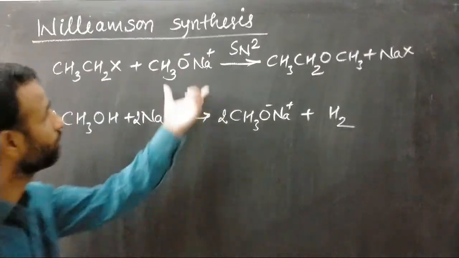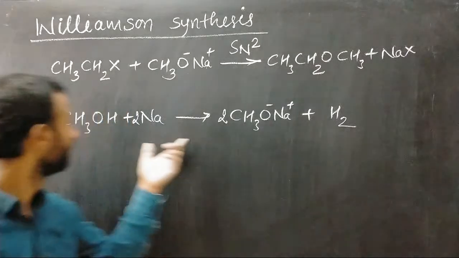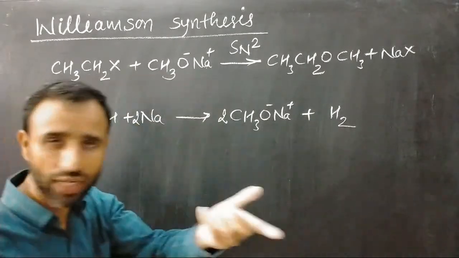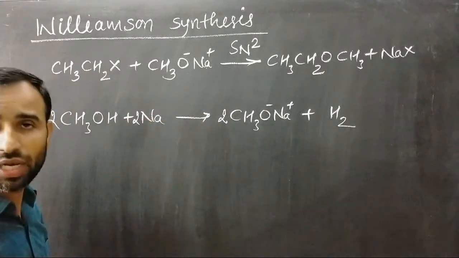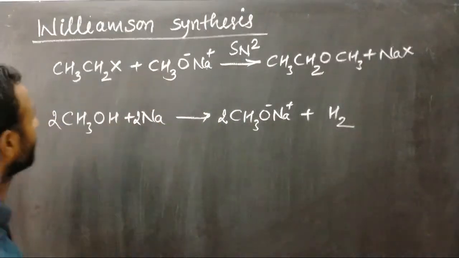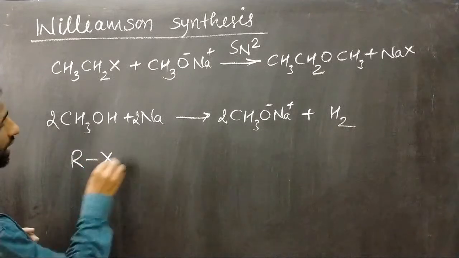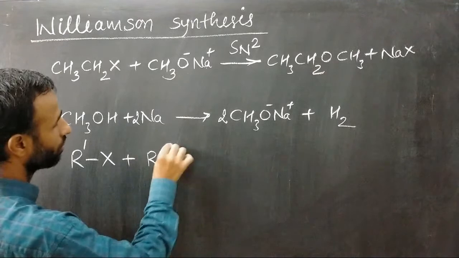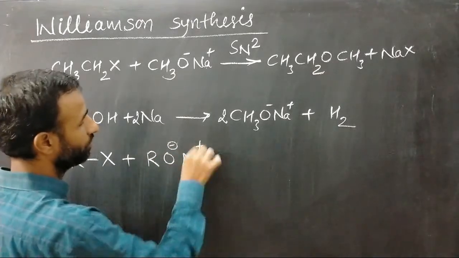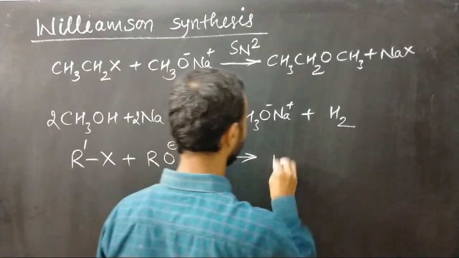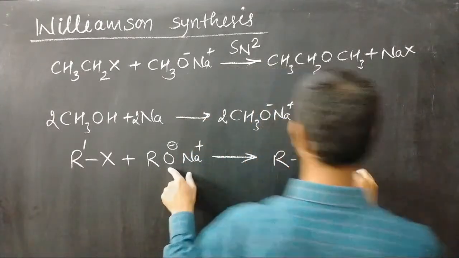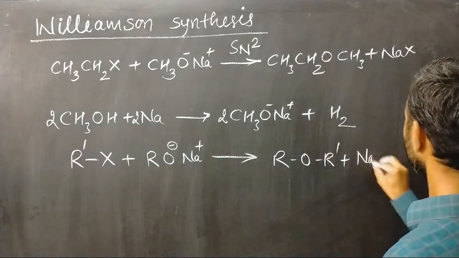Okay, so sodium methoxide is prepared in this way. Sodium methoxide or any alkoxide reacts with alkyl halide to give the product. In general we can write R-X plus R'-X and RO⁻Na⁺ to give R-O-R' along with NaX.